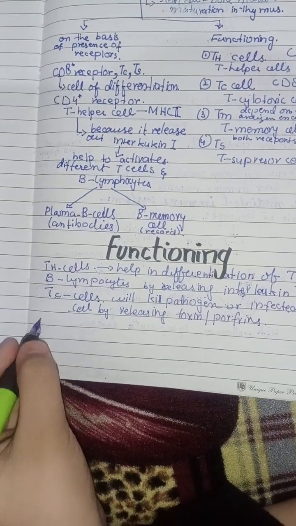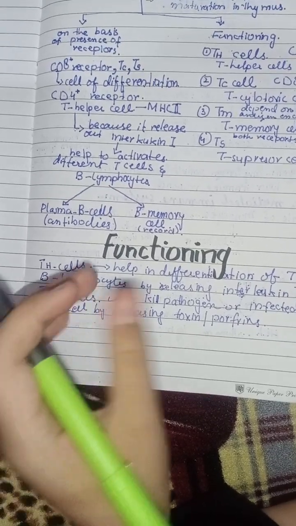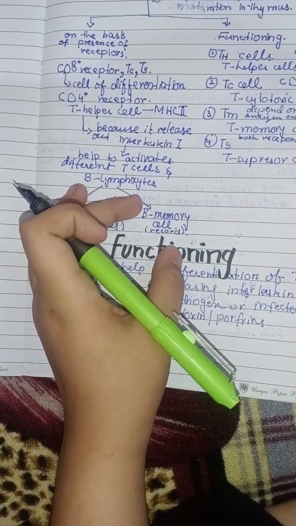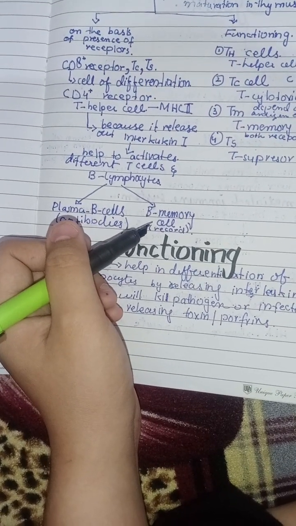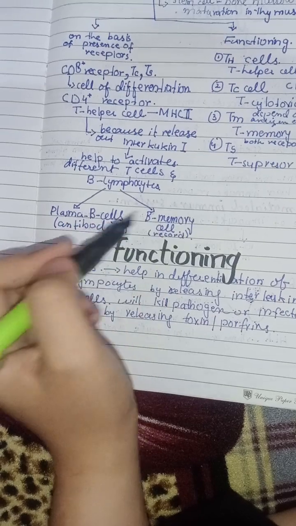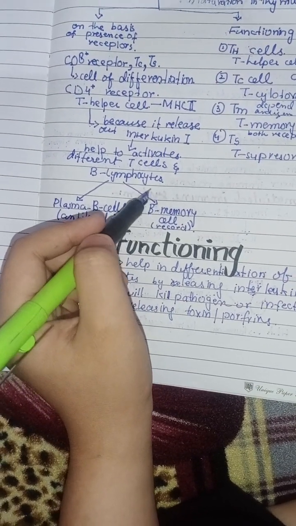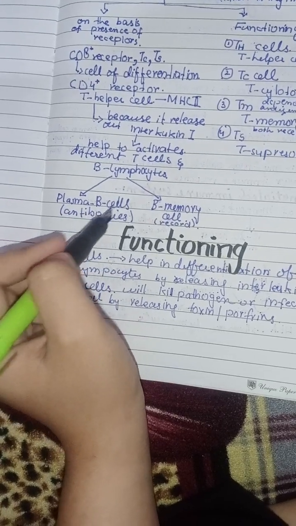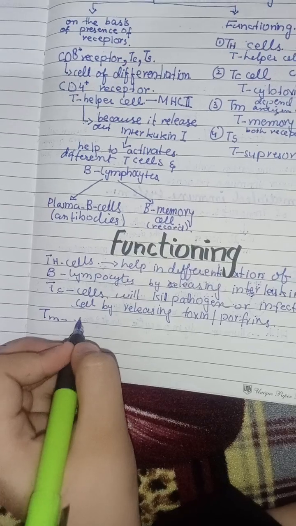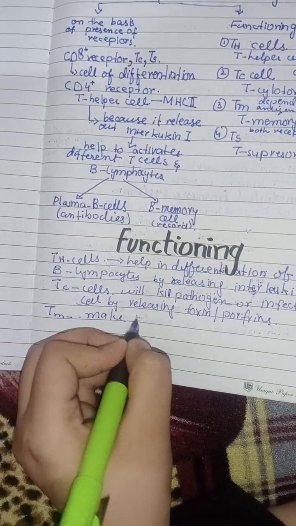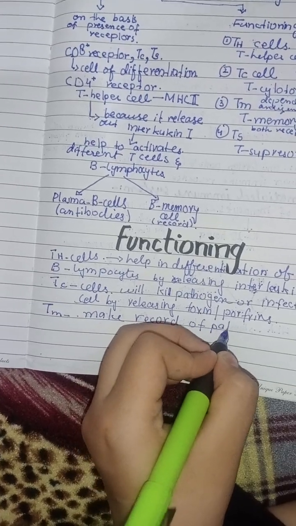Okay, so talking about T memory cells, it will make a record of that pathogen when that pathogen comes. After making the record, if that pathogen enters our body again, this B memory cell will convert into the B plasma cell, then it will make the antibodies against that. Okay, make a record of pathogen or you can say antigen.